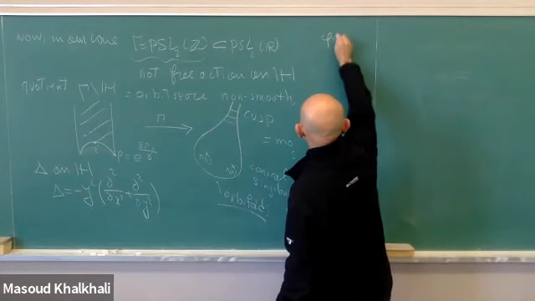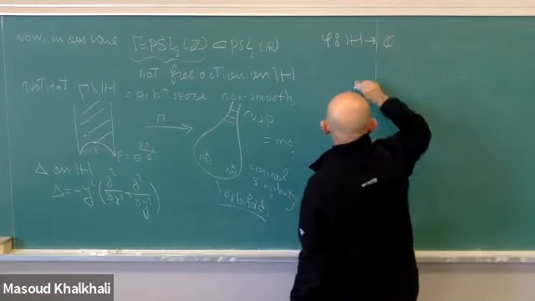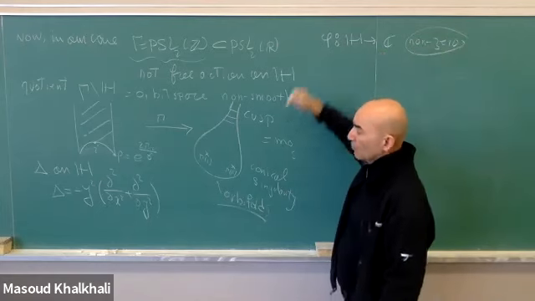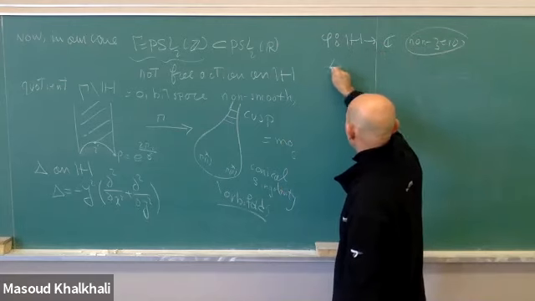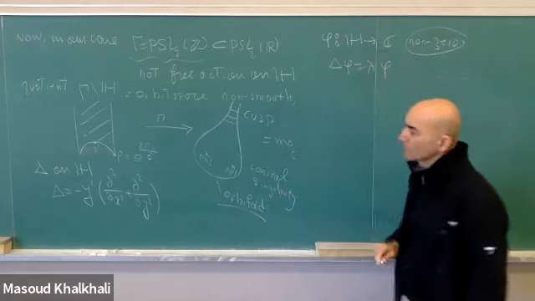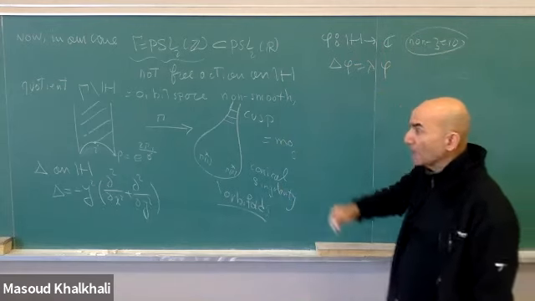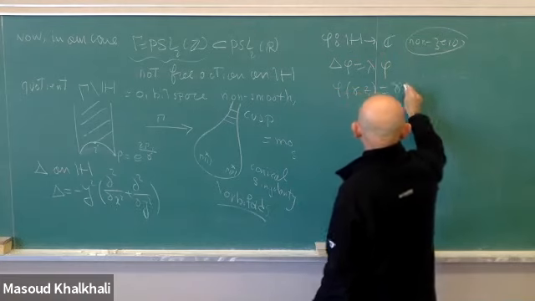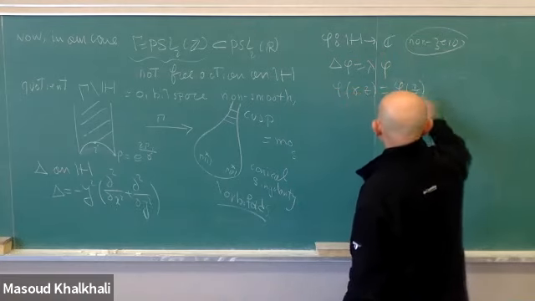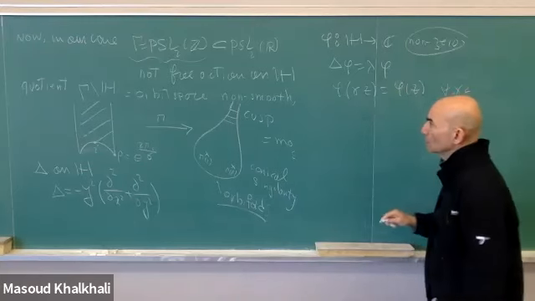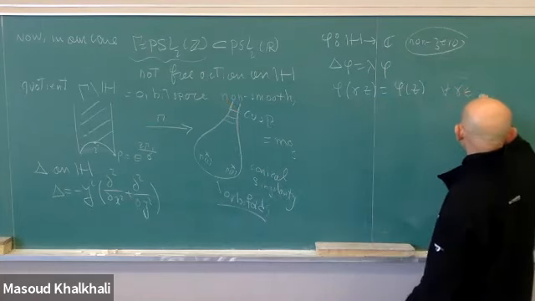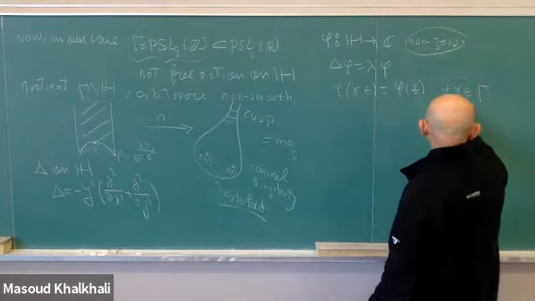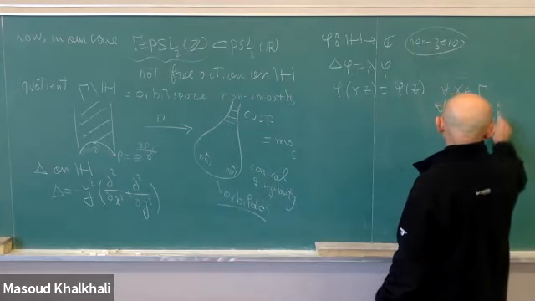We're looking at phi from H to C, some non-zero, smooth function, such that the Laplacian of phi is equal to lambda phi, and such that phi is equivariant: phi of gamma z equals phi of z, for all gamma belonging to PSL(2,Z), or in general the group that you're looking at here, and for all z belonging to the upper half plane.